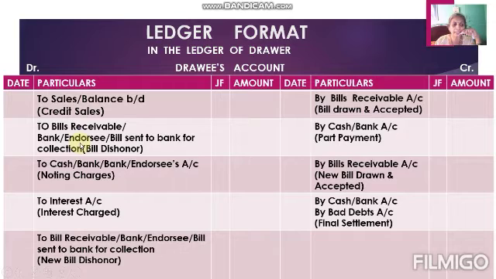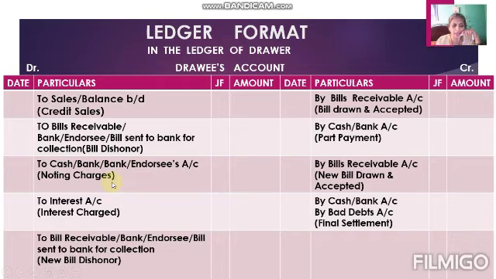Next, drawee's account debit to endorsee's account. And for bill sent to bank for collection, drawee's account debit to bill sent to bank for collection. So in case of dishonor, drawee's account gets debited. That's why I wrote here in the ledger 'To bills receivable' or bank or endorsee or bill sent to bank for collection. This is for bill dishonor.